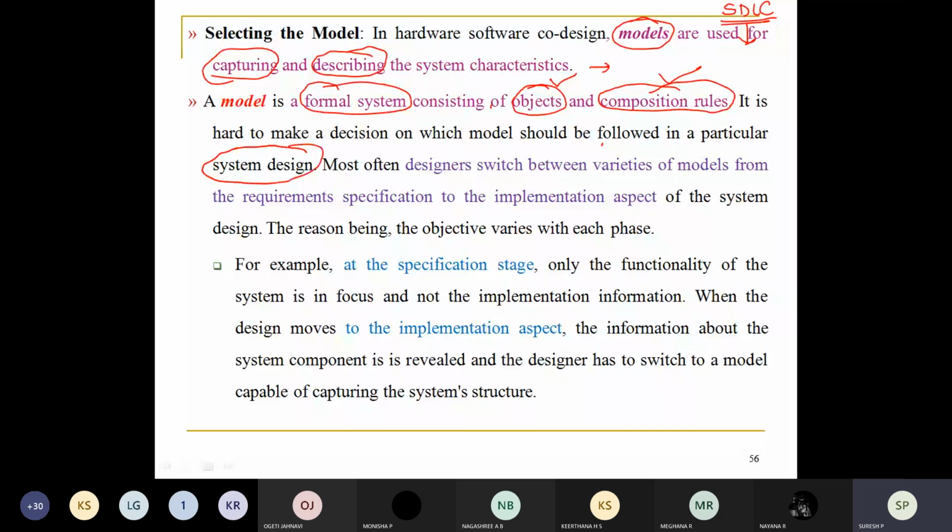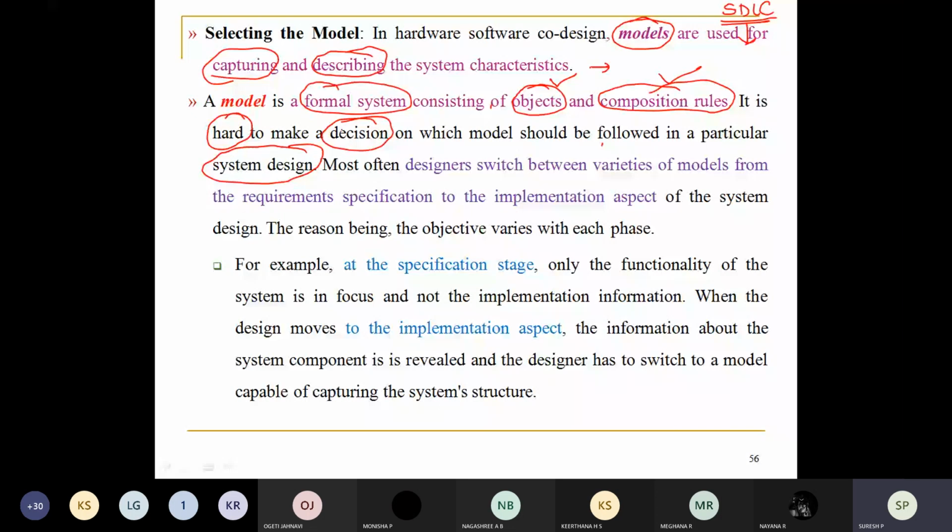What are most designers doing? When you are going to do any project or build any embedded system, there is a group, and different persons in the group will have a different approach to building that embedded system. When there are different approaches by different persons in the team, the designer is going to switch between the different models.